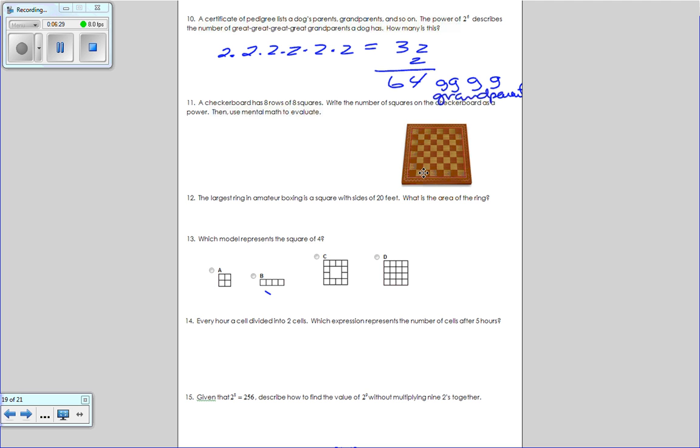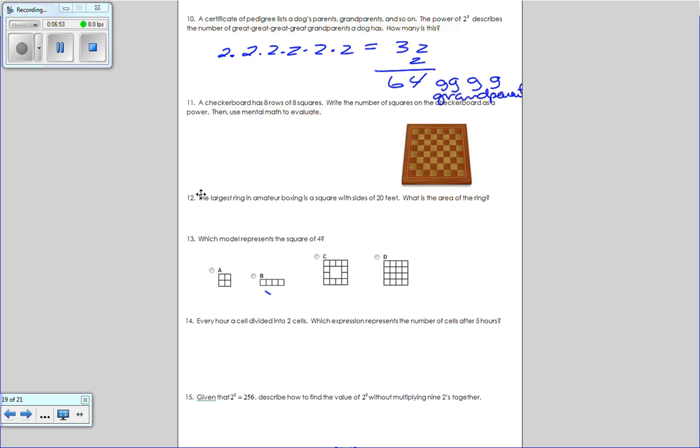And then you're going to write that as a power. What would I multiply 8 by? How many times do I have to multiply 8 together to figure out how many squares are on this checkerboard? Then evaluate that and tell me how many squares there are. So if we're doing length times width, that's going to be 8 times 8. So you tell me what power is 8 times 8, and then what is the answer to that power also.